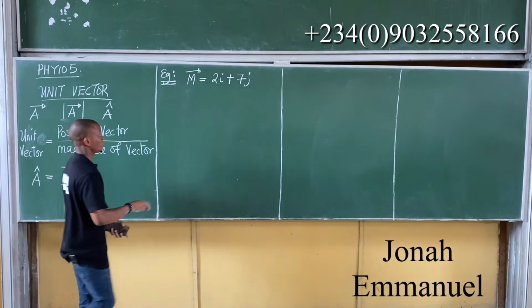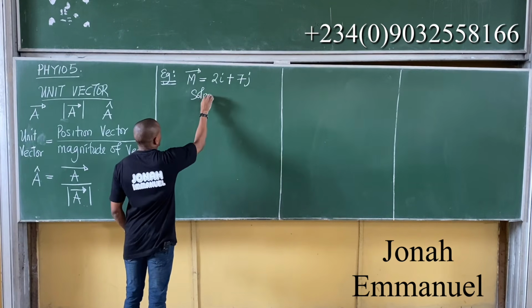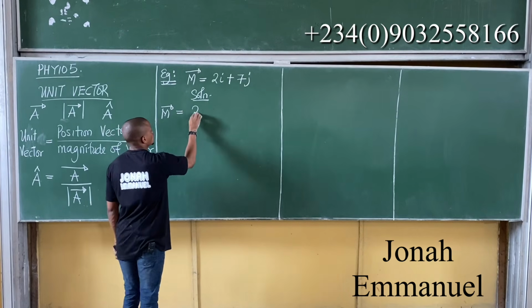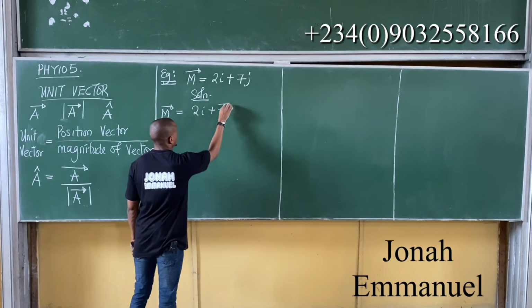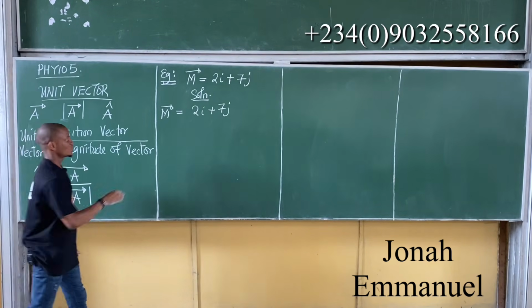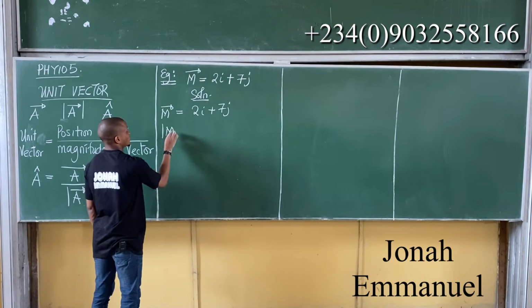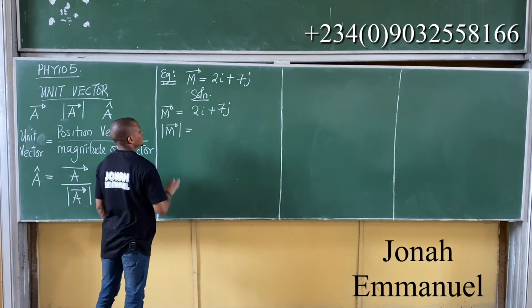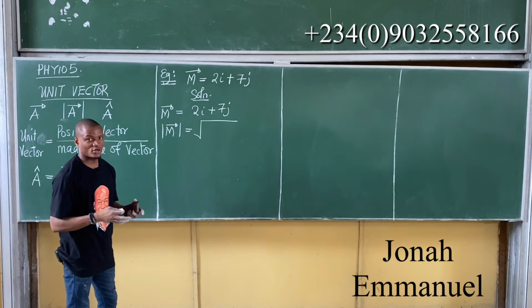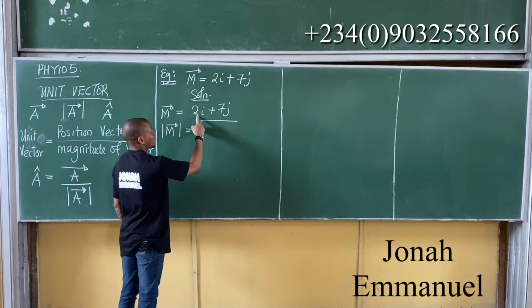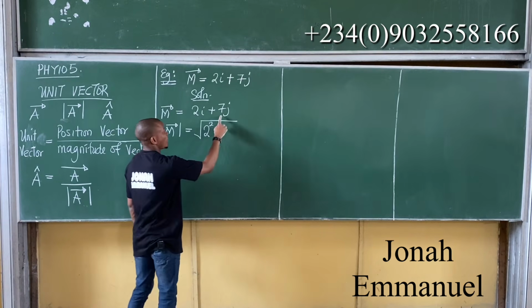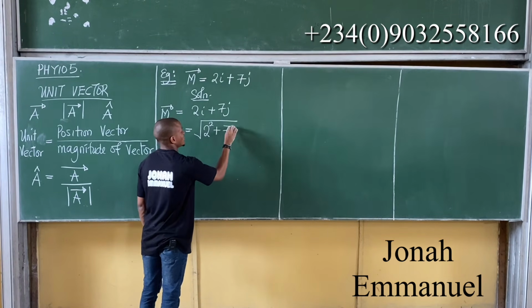So my first task would be the solution. Already I've been given the position vector M as being equal to 2i plus 7j. My next task will be to find the magnitude of M. So the magnitude of vector M, we said to get magnitude, simply take the square root of each of the coefficients of the coordinate all squared. So for this case, my coefficient of i is 2, so it becomes 2 squared plus the coefficient of j here is 7, so it becomes 7 squared.